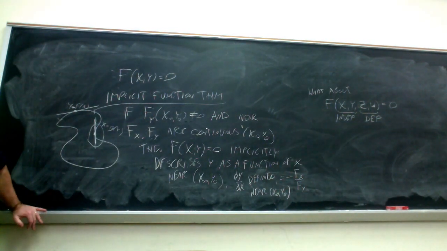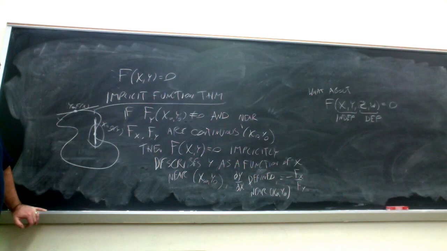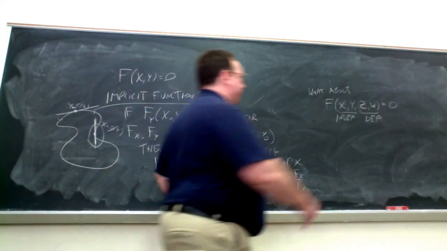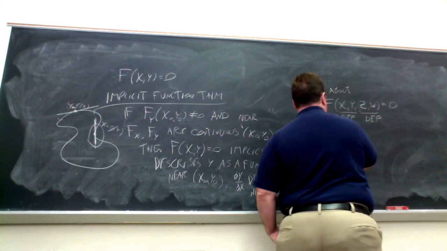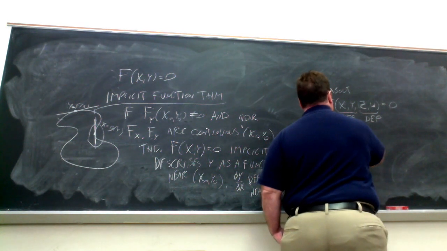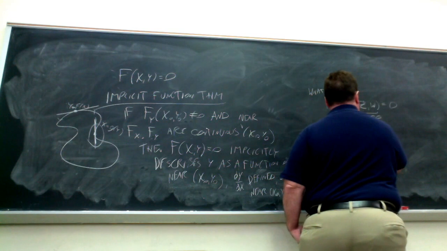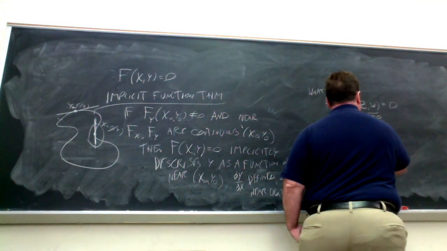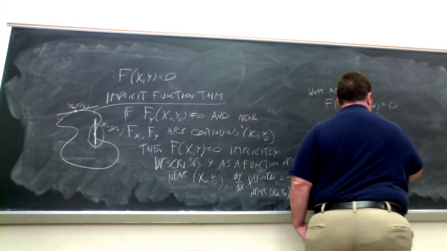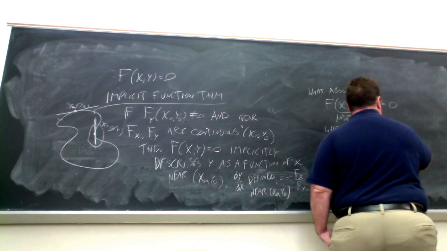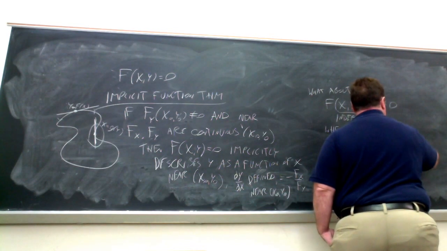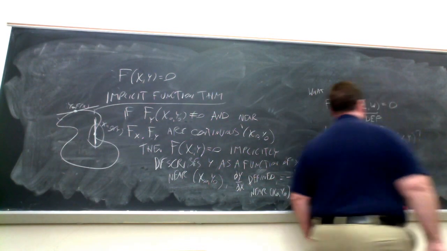So is there a way to tell whether you can define z and w as a function of x and y? And you might think, okay, so when do we have (z, w), I'm writing this as a vector because we have 2 variables here, as some function of x and y?